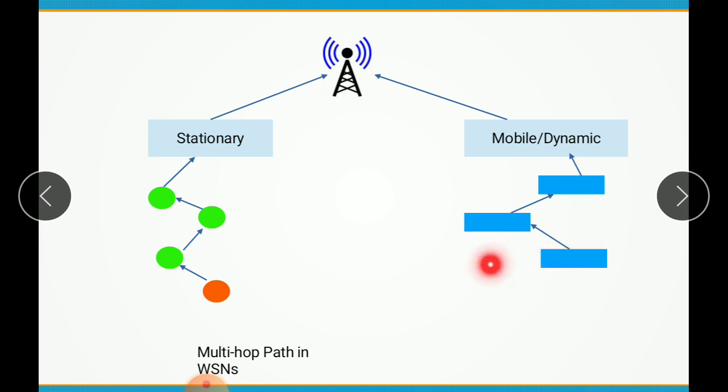They are movable objects, while the others are static objects. They are connected to a sink node. Sink node means they are gathered at a particular node, and this node transfers data to our network. This is called a multi-hop path in WSN. All the nodes are connected to each other to provide reliable information to each other.